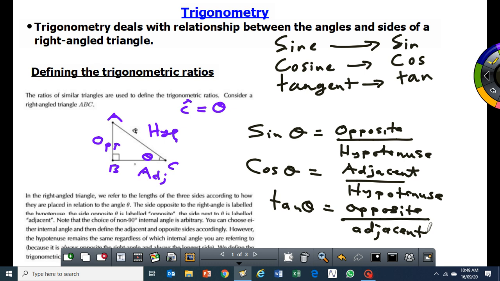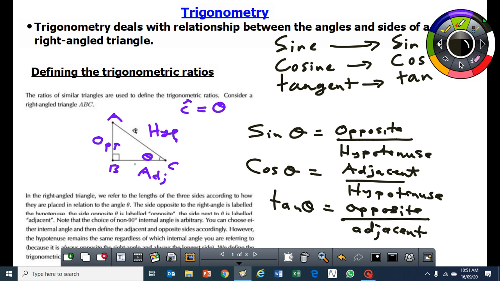And then we can come up with an acronym which makes it easier to memorize the three trigonometric ratios. These two both have the hypotenuse as a denominator. The other very important thing is that we can use acronyms.